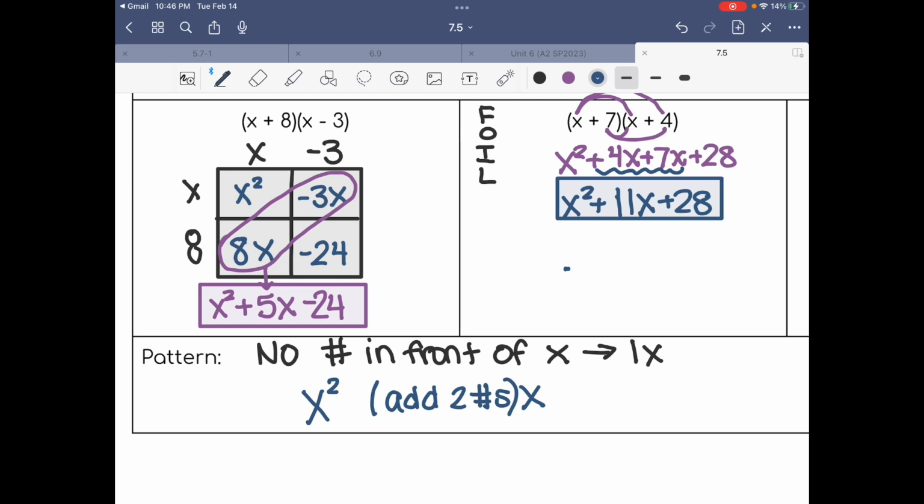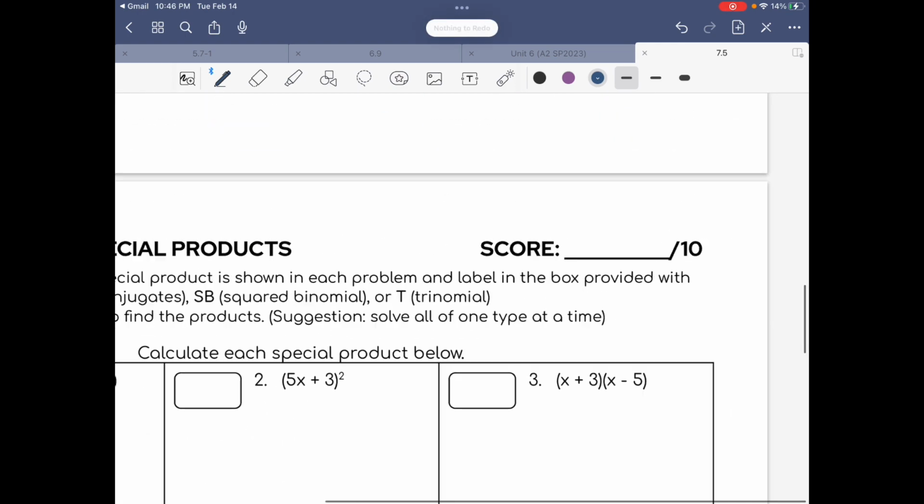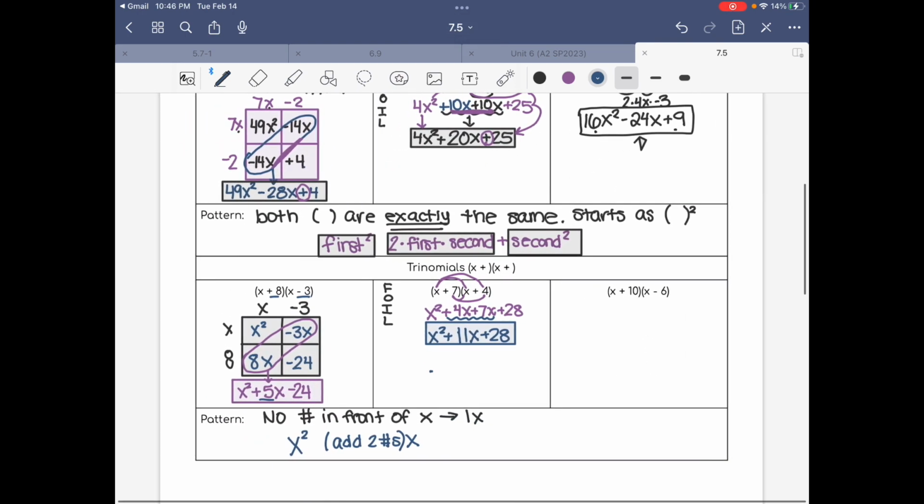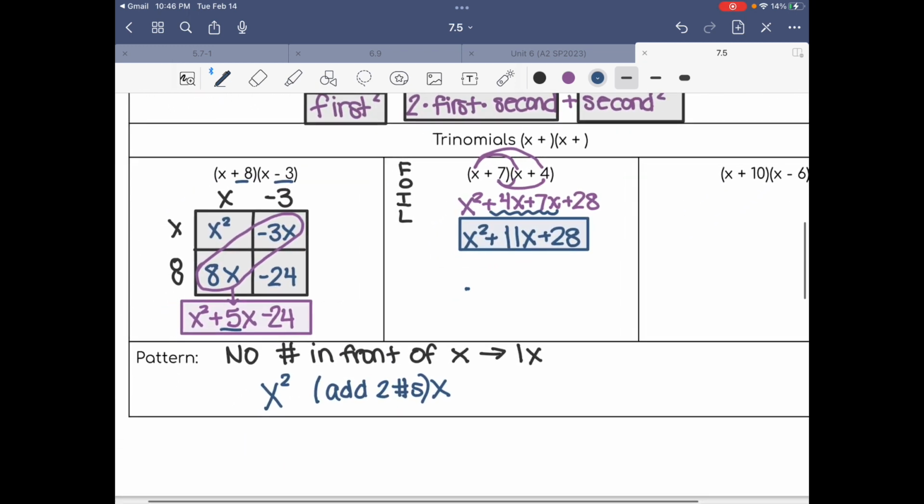So for example, 8 minus 3, or 8 plus negative 3 is 5. 7 plus 4 is 11. Because we added them together in the middle right here and right here, they always add to that number. Then the last number is always going to be the multiplication, or the product, of the two numbers.